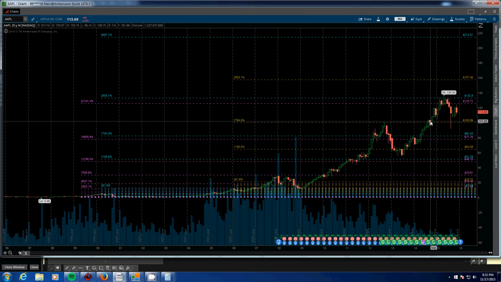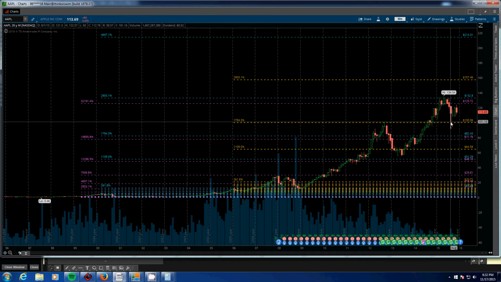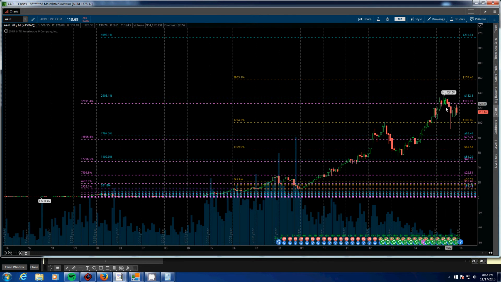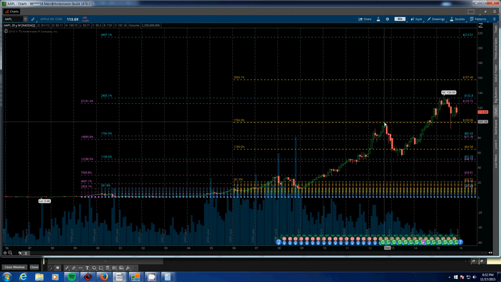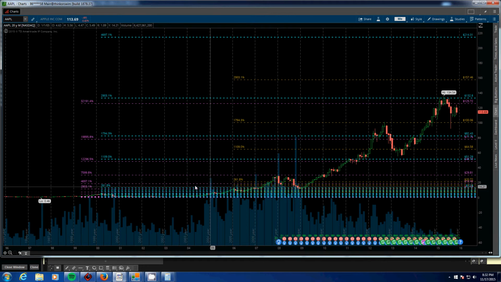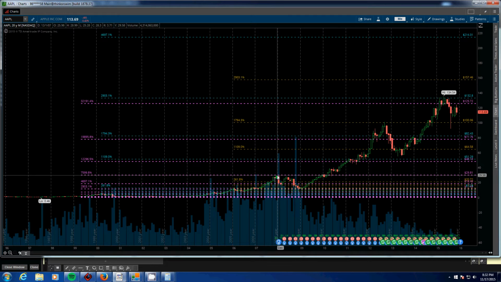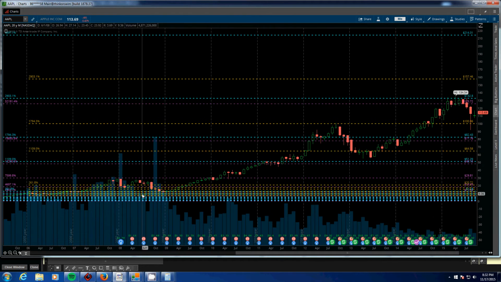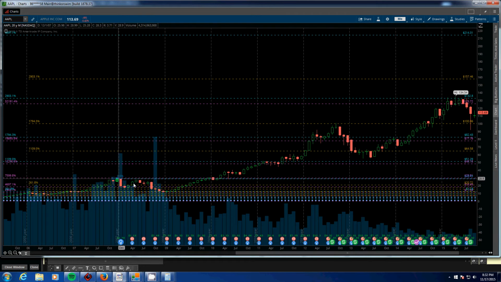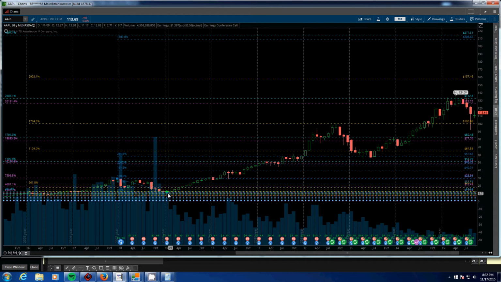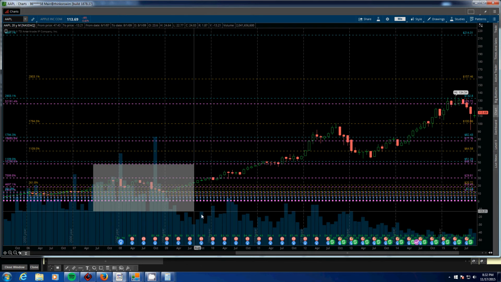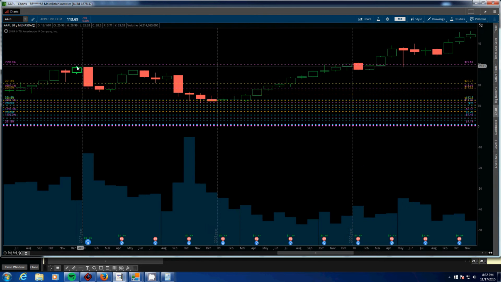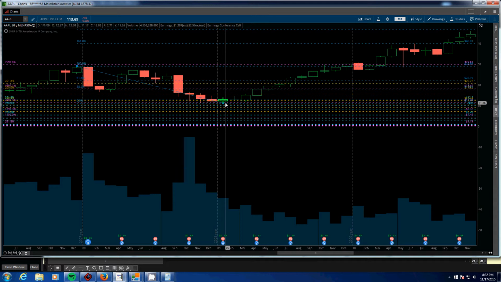And then here again, acts as support in 04 and 05, or 14 and 15. You see that the next level for this pullback isn't up here until 157. You can do this as many times as you want, and you'll always get interesting price points. You just want to make sure that you have the right price, because even being off by a little bit can make a huge world of difference.